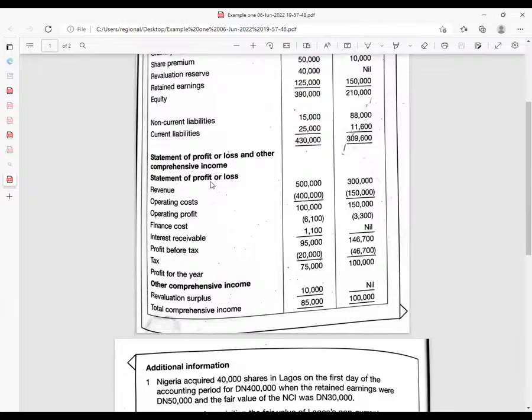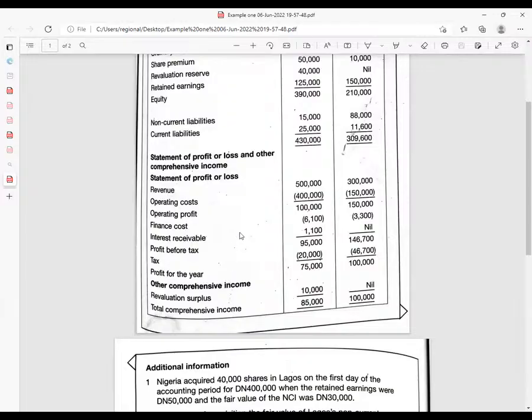So we have, first of all, the statement of profit or loss, and then other comprehensive incomes. Under other comprehensive incomes, I have revaluation, and then I'll be bringing here the foreign currency exchange. It also falls under other comprehensive incomes.